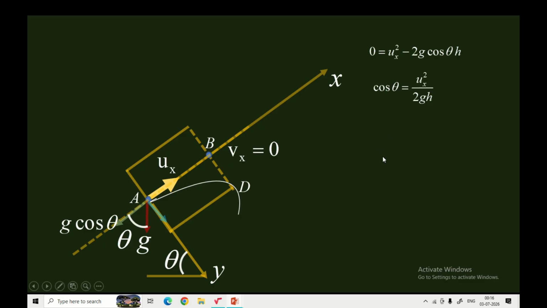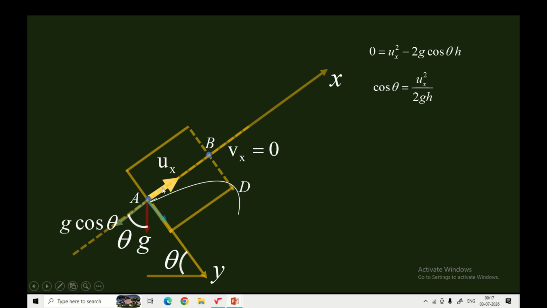Now we have to find minimum theta for this to happen, and from the expression we can easily see theta is minimum when cos theta is maximum. So for cos theta to be maximum, ux should be maximum. And what maximum value of ux can this grasshopper have?